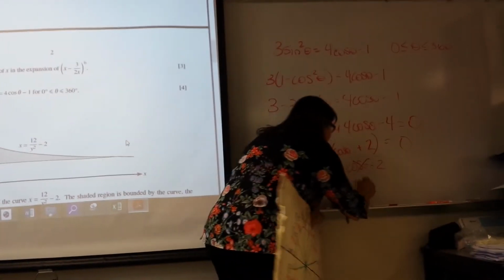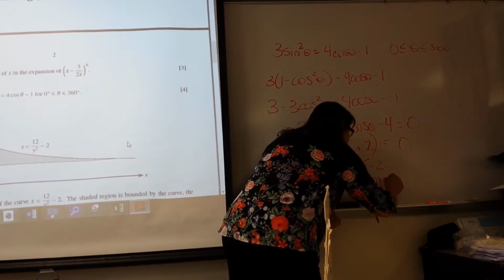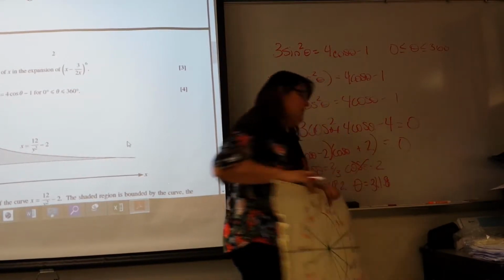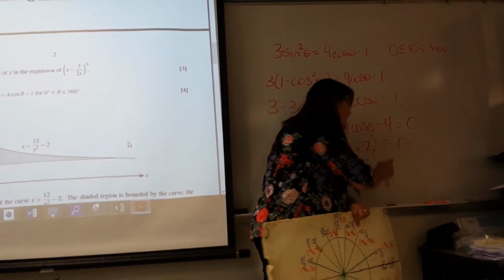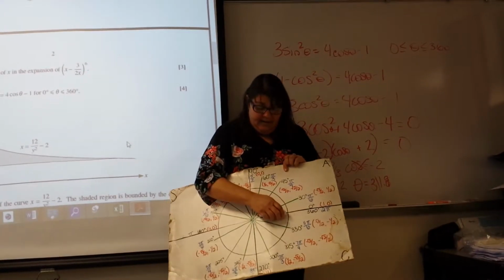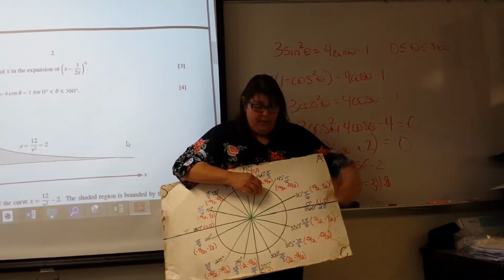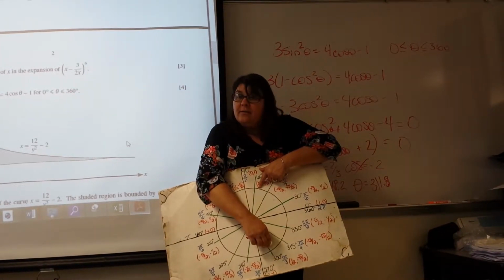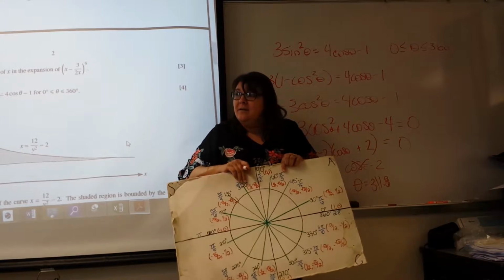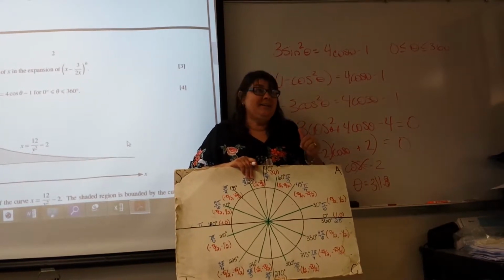It's the idea that it's 48 degrees from here, and I know the other answer has to be down here, 48 degrees from there. Does that make sense? Are we good?